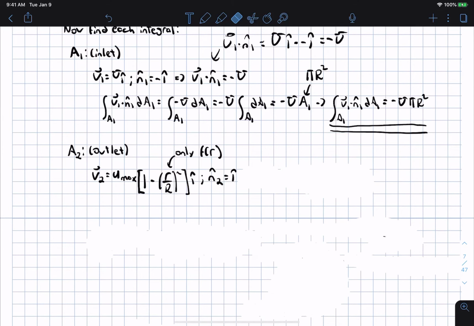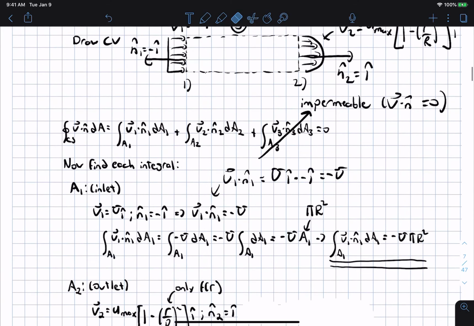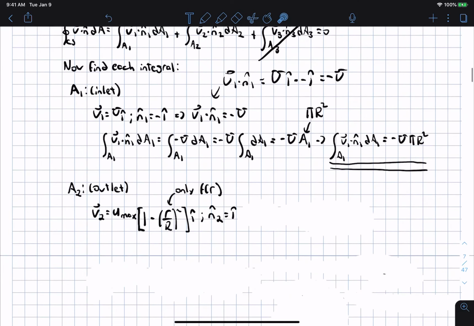And we know that n hat 2 points out from the surface, and so that means it's pointing to the right. So n hat 2 is i hat. Then this implies that the velocity vector at station 2 dotted with n hat is equal to u max times this function of r. Okay.